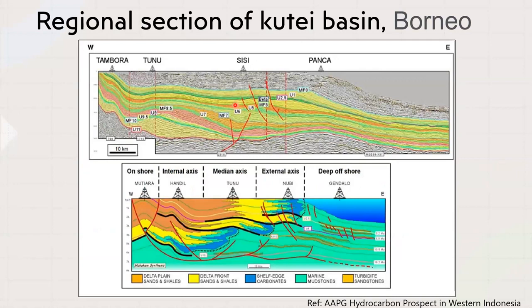In the top figure, you can see this is a seismic, and on top of that, the geological or the geophysical interpretation has been done. So in that case, different onlaps, top laps, and stratigraphic features have been identified. If you look at the bottom one, it is actually the drilled one.